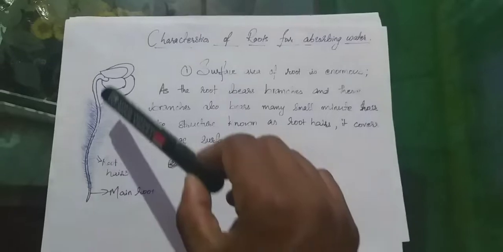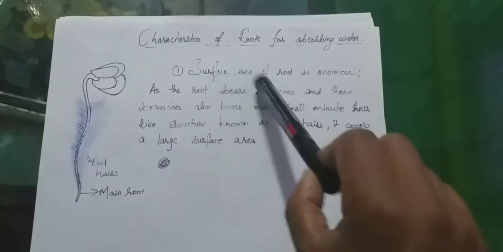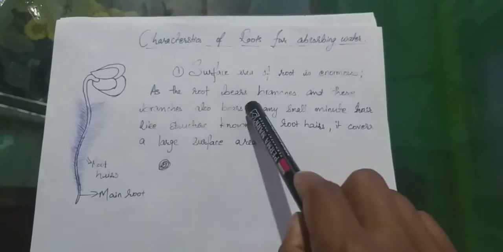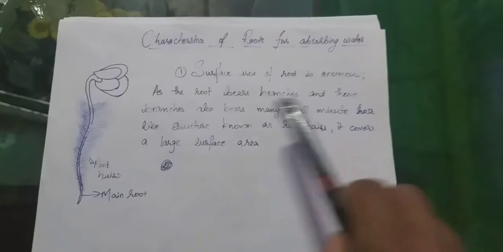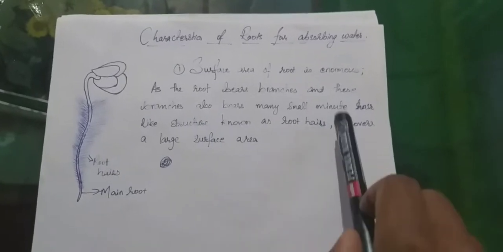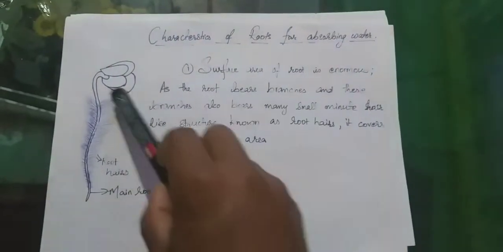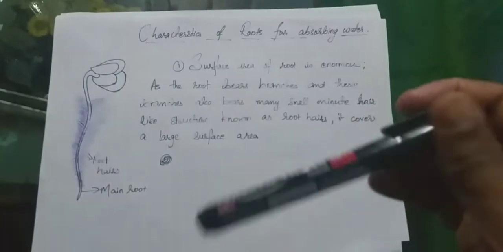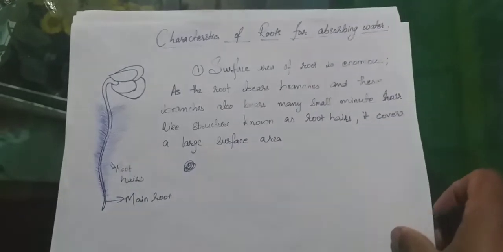But with the root hair, the surface area becomes larger, as the root bears branches, and these branches also bear many minute hair-like structures known as root hairs. It covers a large surface area, from which it can easily absorb water along with nutrients.